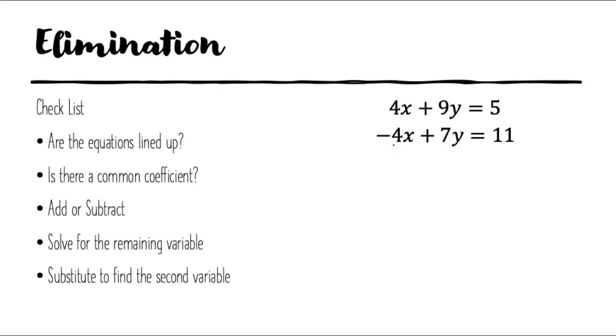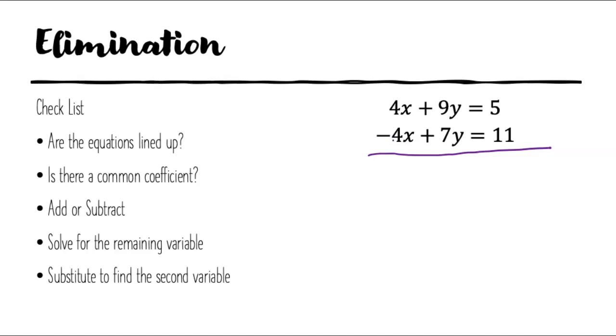And then we need to add or subtract. You're like, what do you mean add or subtract? Remember back when we used to do this? We are literally just going to combine these two using a vertical method. Now I have a 4 and a negative 4. Am I going to need to add those together or subtract those in order to get them to cancel out? I know you're thinking, well, I have a 4 and a negative 4, so technically we are subtracting.